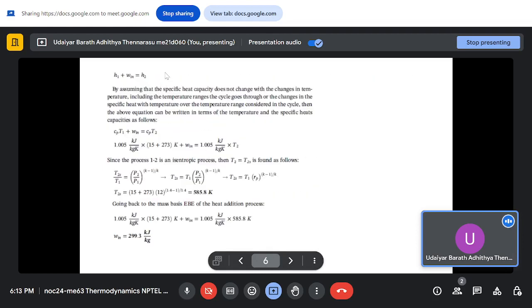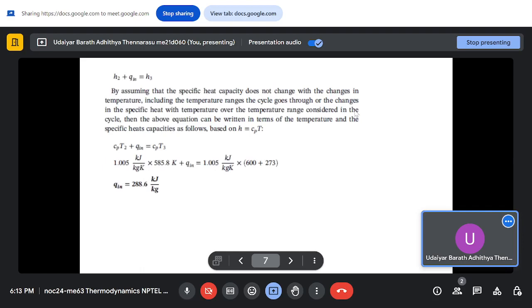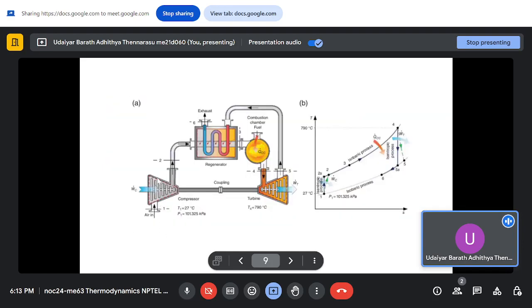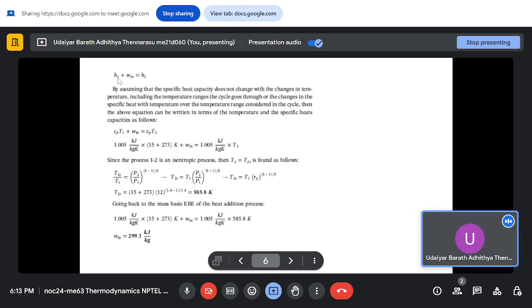so here, when you consider the turbine, your inlet is 1 and exit is 2, so you apply an energy balance across the turbine. You will find H1 plus W1 equals H2, or your work done is the change in enthalpy.